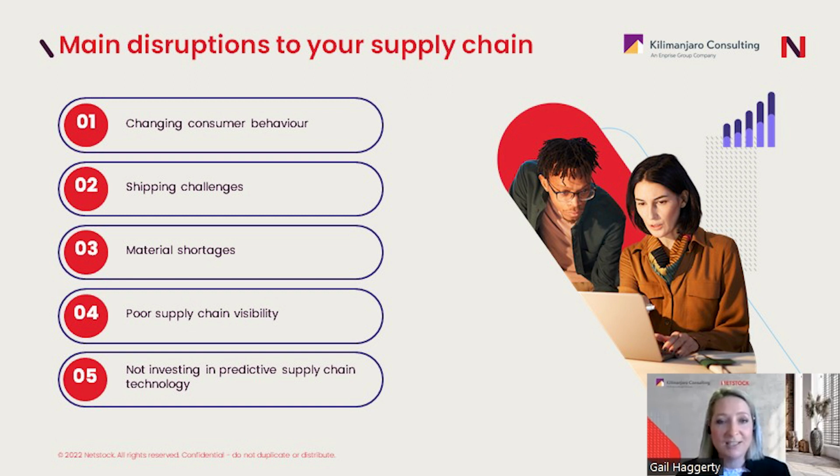There's shipping challenges. I'm sure everybody who's dealt with overseas imports during the pandemic, many of your businesses would have been significantly impacted. We also now have the geopolitical tensions in the Ukraine, and there's been price spikes happening to impact on freight costs and commodities like steel and timber.